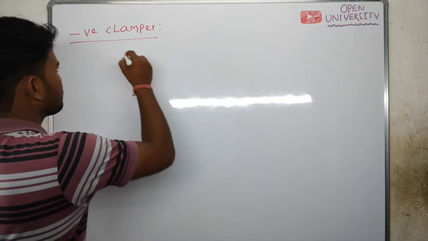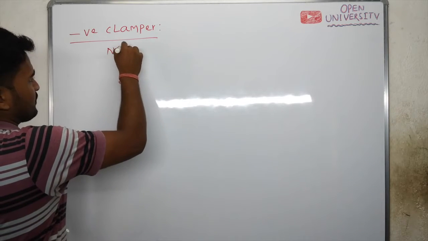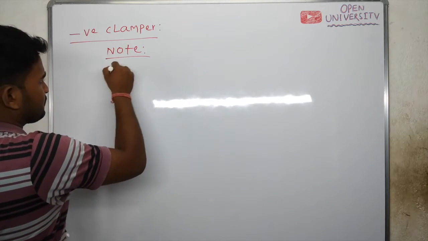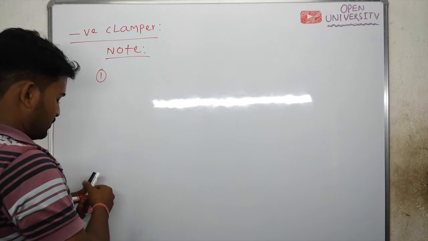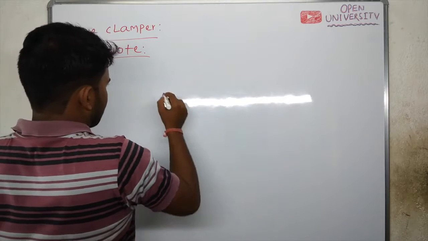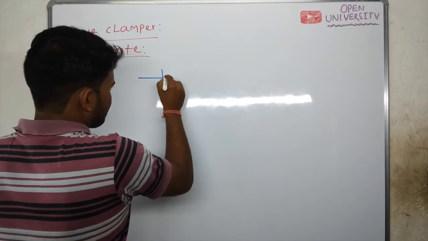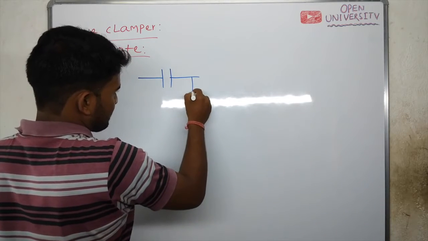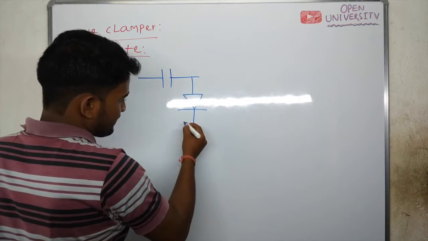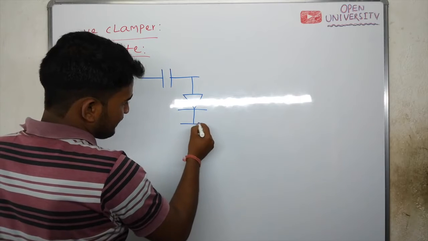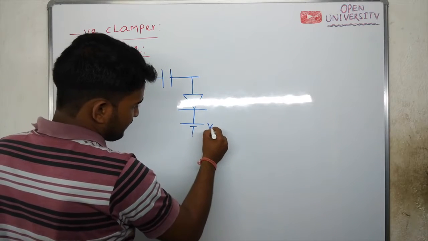Write down one note. Suppose the diode has cut-in voltage V gamma, then I will replace the diode with a series combination of an ideal diode and a battery of V gamma.